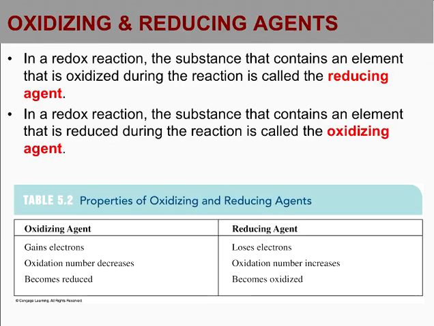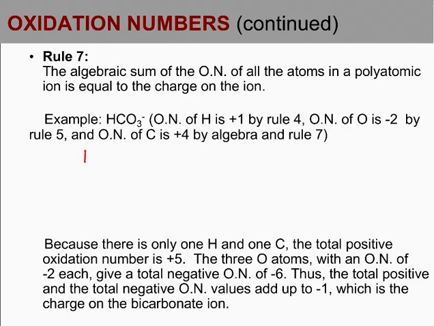So for example, HCO3 minus has an overall charge of -1. And we already know from our rules that hydrogen will always have a value of +1. And again, there are exceptions, but for the purpose of this class, we'll assume that's always true.